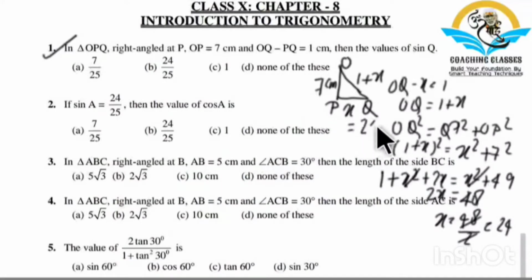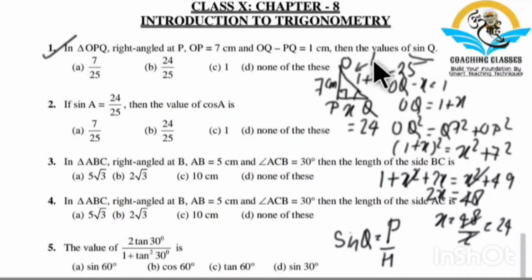That means PQ is 24 and OQ is 25. Now you have to calculate sin Q. You know that sin of Q equal to perpendicular upon hypotenuse. Here this angle is Q, the side opposite to the 90 degree is called hypotenuse.